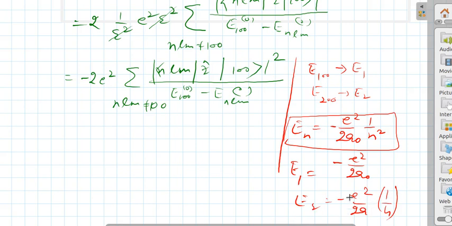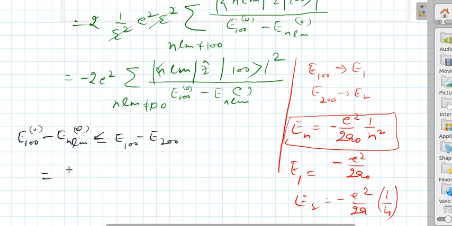So E100 minus E n l m must be greater than or equal to E100 minus E200, or we can say that they are nearly equal.